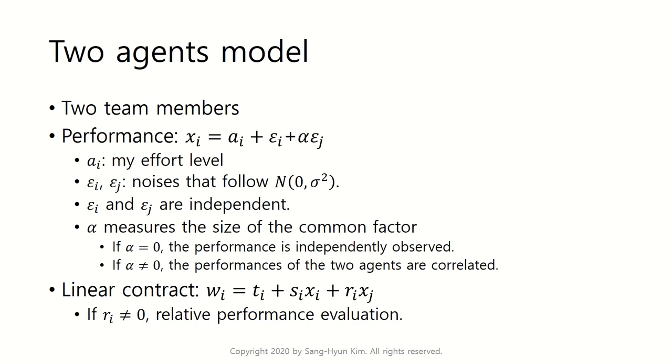My wage will decrease when my teammate's or another worker's performance is very good. The reason is that it's likely that another worker's performance is very good because of some common random factor. And we want to eliminate the random factor by subtracting one measure from the other.